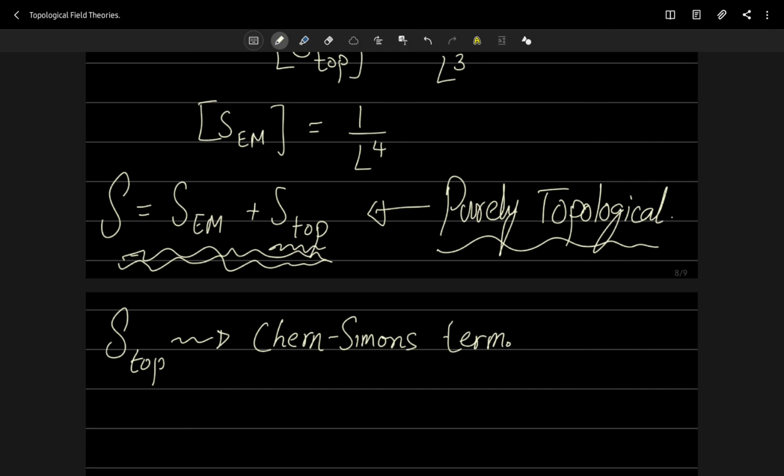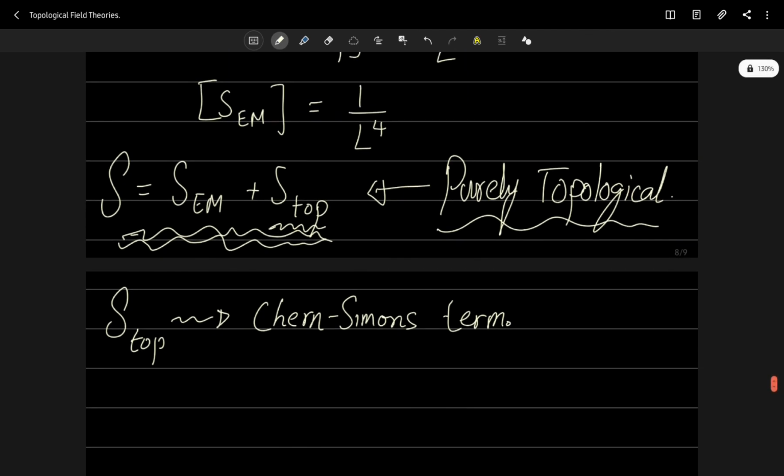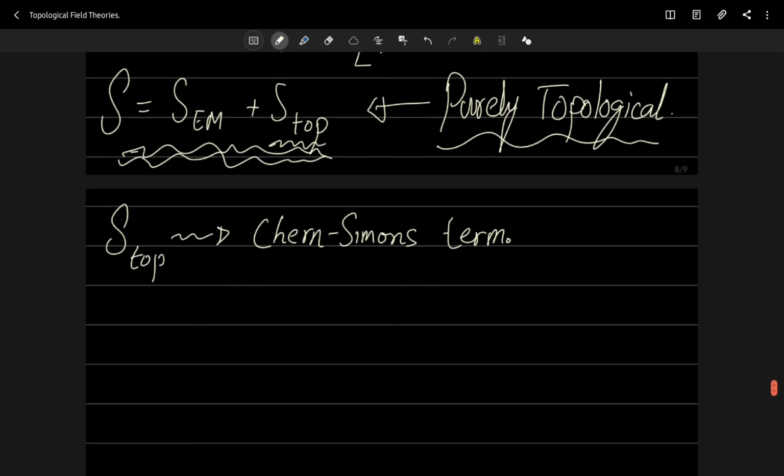Now, you could also ask me, what do I calculate with this thing? So, first of all, since this theory does not depend on the metric, because it is a purely topological field theory, it will not depend on the metric g mu nu.